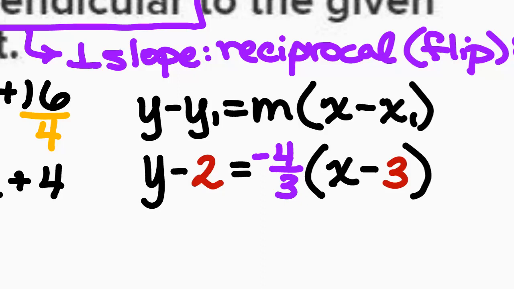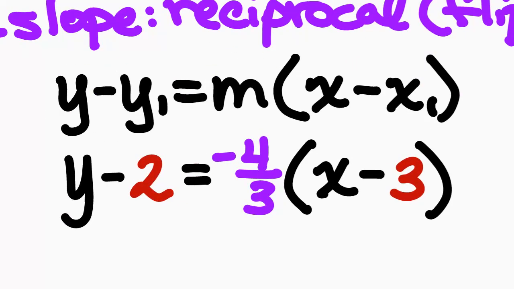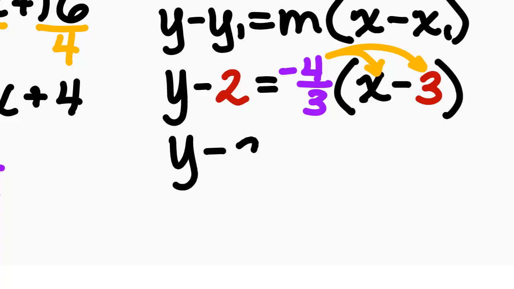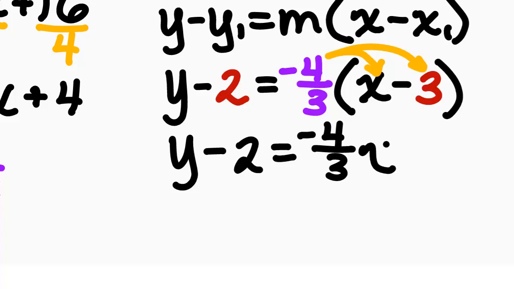Not done yet, because I have to take it from this form into slope-intercept form. So what do I do now? Distribute. We're going to distribute that -4/3 inside the parentheses. So y minus 2 equals -4/3 x. Now I have to multiply this fraction to this whole number. First thing I notice is it's a negative times a negative, which means I'm going to get a positive.